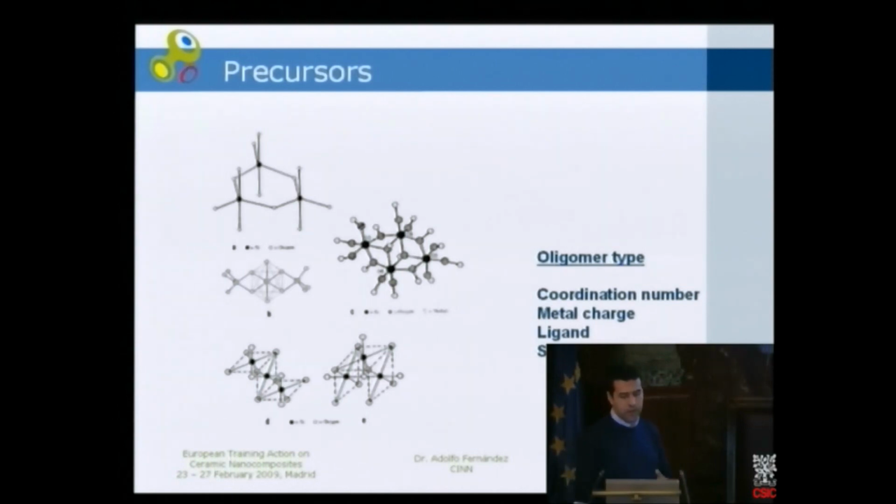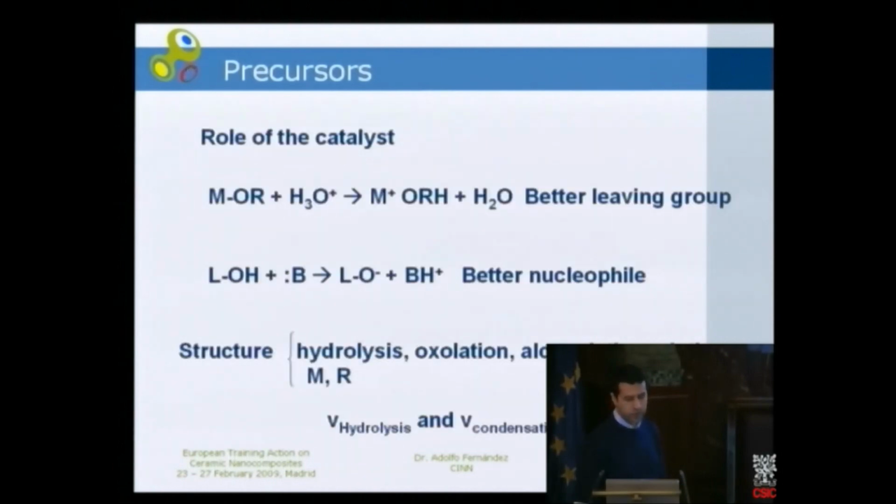Depending on the type of ligand, the type of metallic center and the conditions, different oligomers can be formed, and these structures will determine the behavior during the sol-gel process to form the final product in solution. Different catalysts can be used to modify this reactivity in solution.